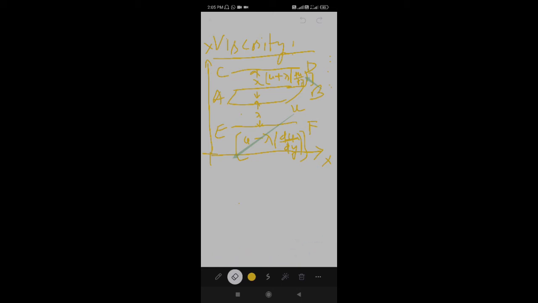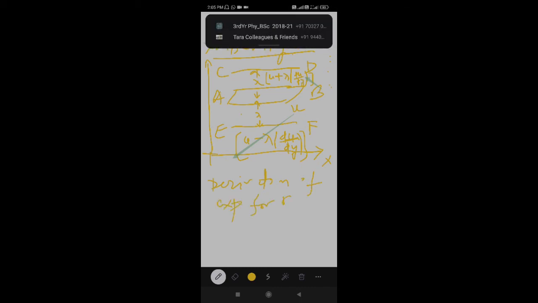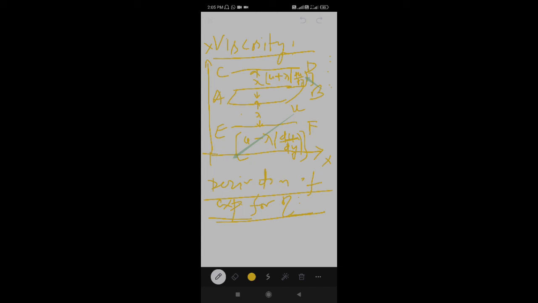Here next what we are doing, derivation of expression for eta, that means coefficient of viscosity. Let us try to finish this derivation now.